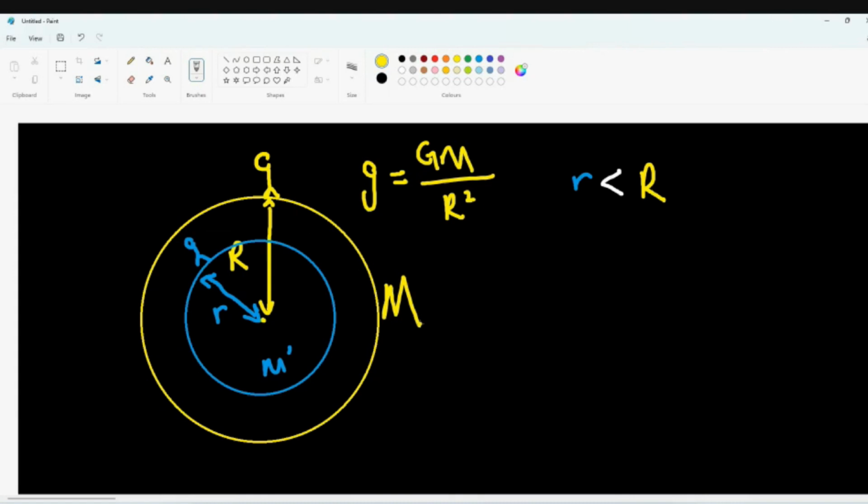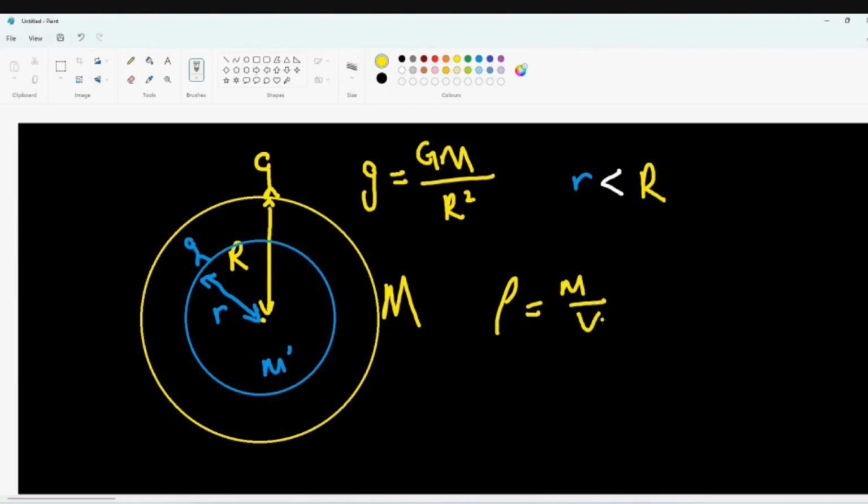To solve this, we make a simple assumption: that the density of the Earth is constant, referring only to the average density. As we know, density is defined as mass per volume.